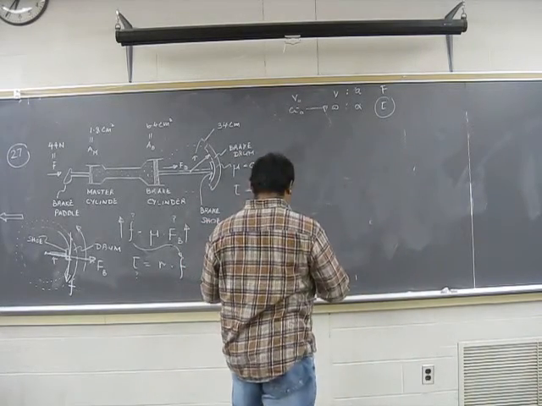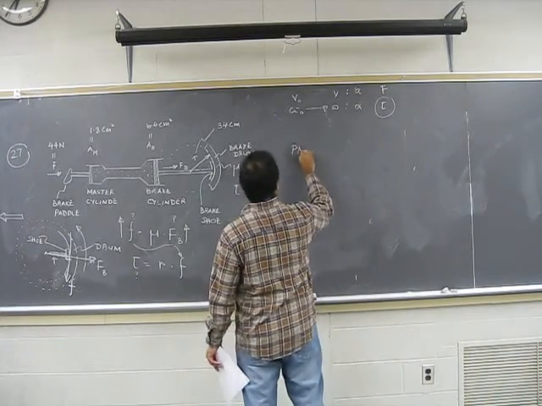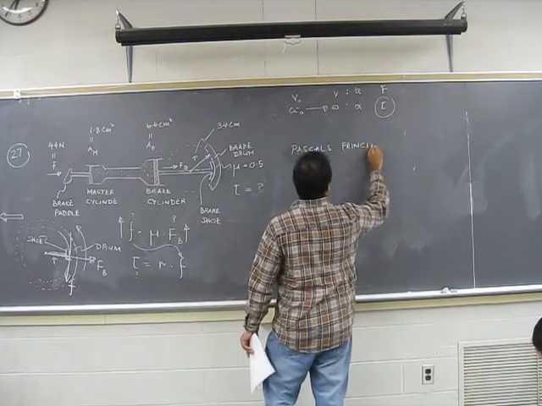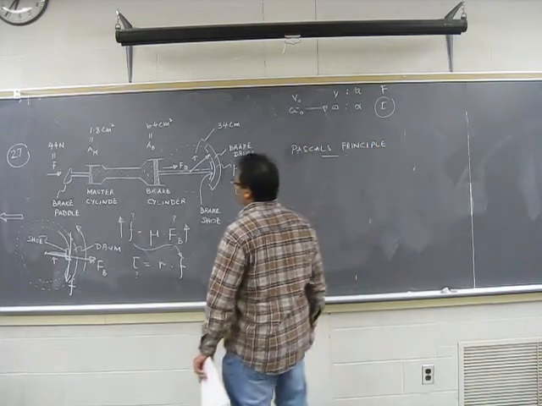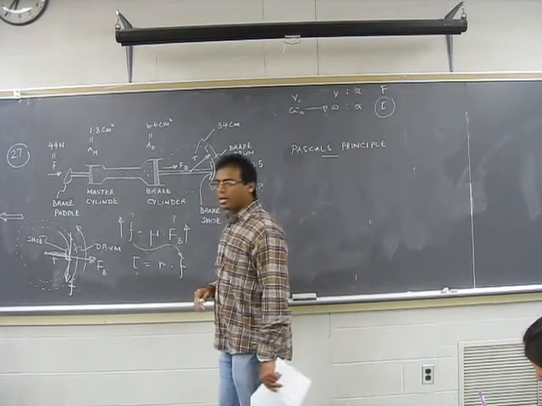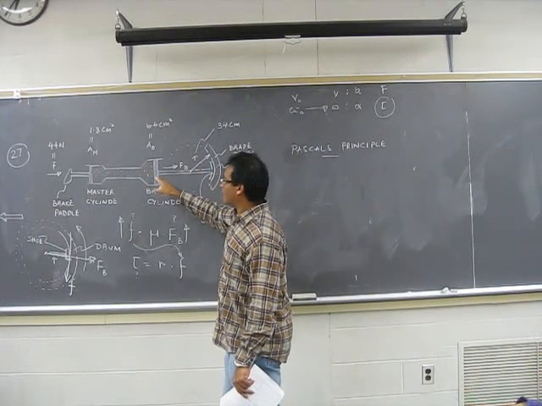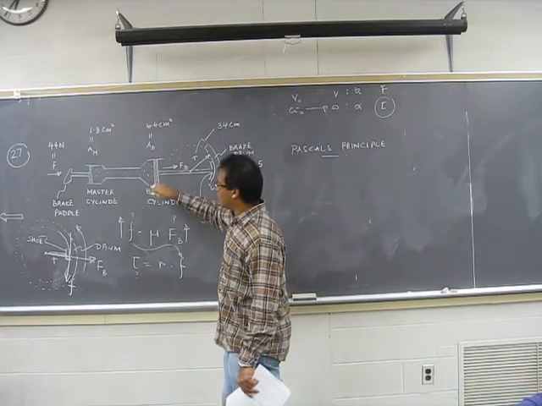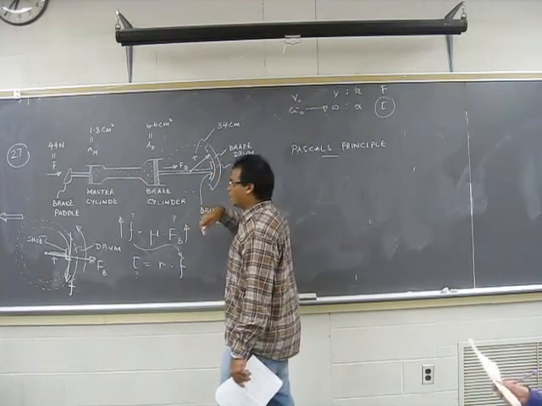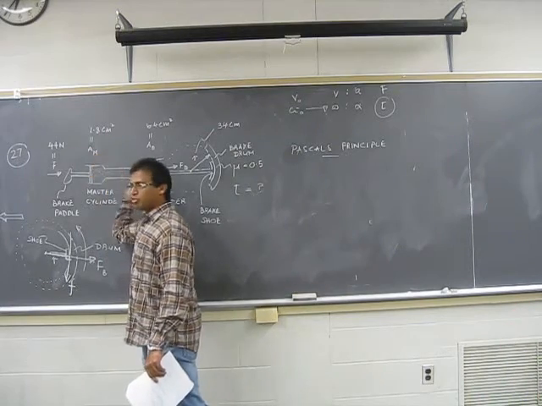Let's use Pascal's principle. Pascal's principle states that if you have a system where you have a continuous, incompressible fluid, and you have a piston on one side and a piston on the other side, there's a relationship between the two forces that combines the areas of the pistons.